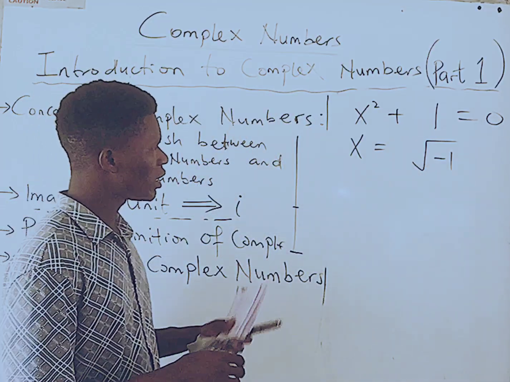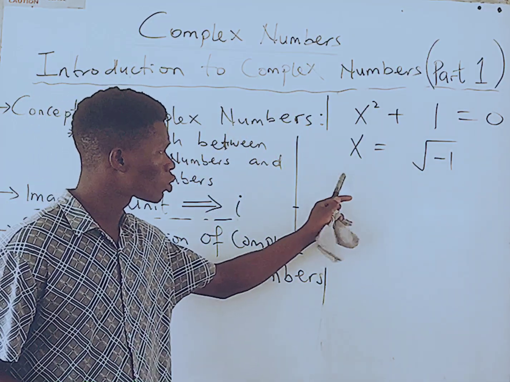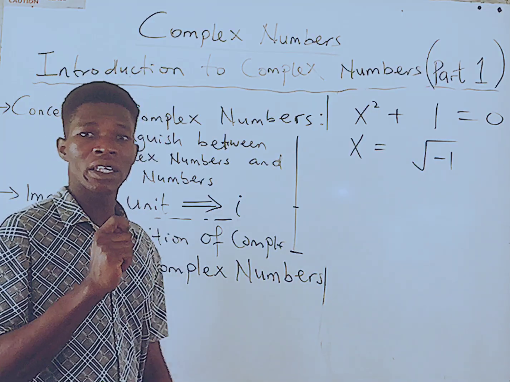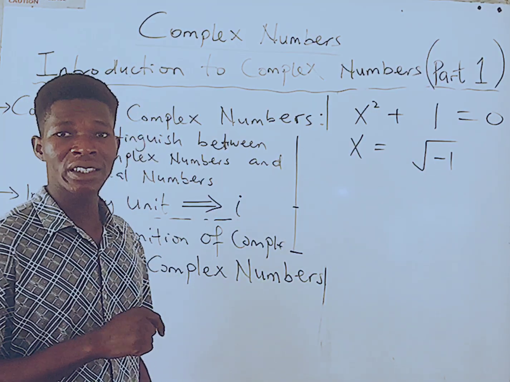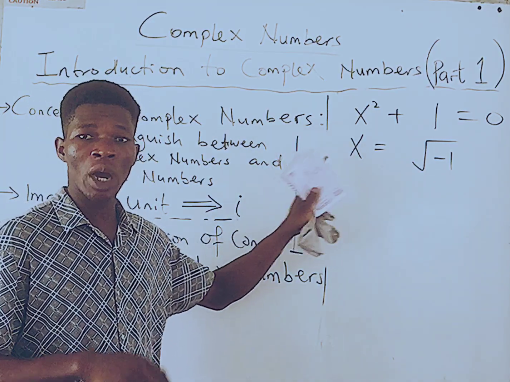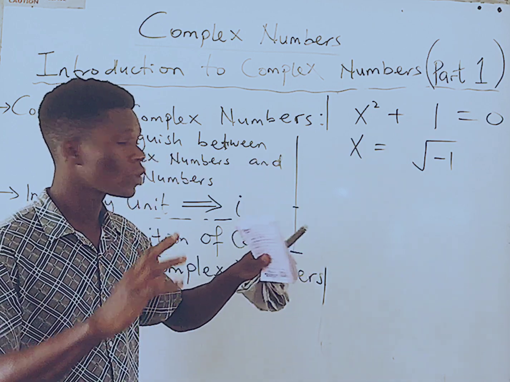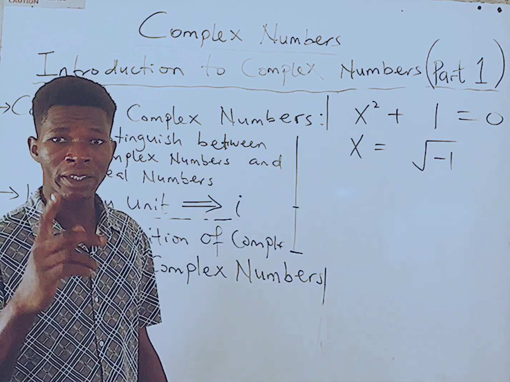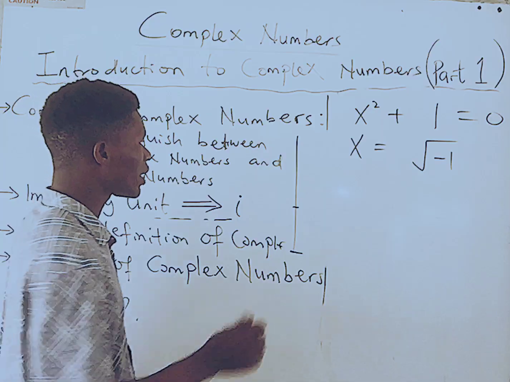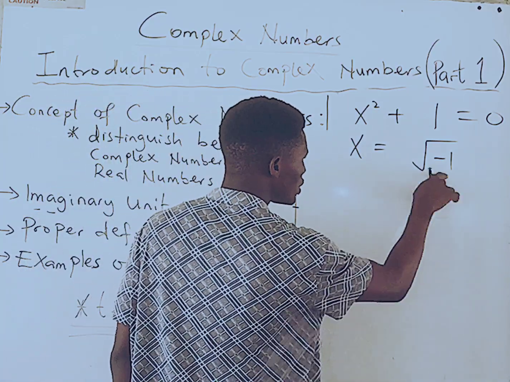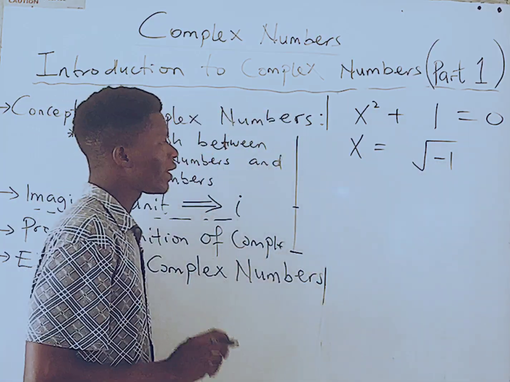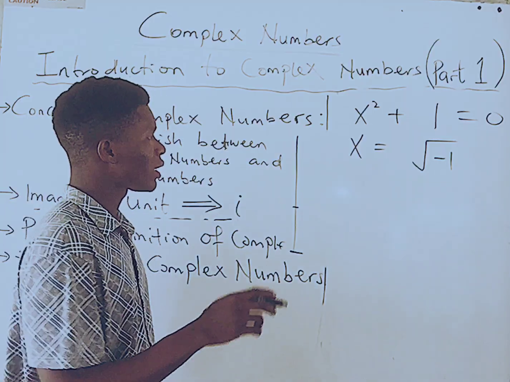The question now is, how do you conclude on what your answer will be? Well, it depends on the condition given. Firstly, if it was stated that the equation was given such that all values of x are in the set of real numbers, since x equals the square root of minus 1 is the root, and this is not in the set of real numbers.